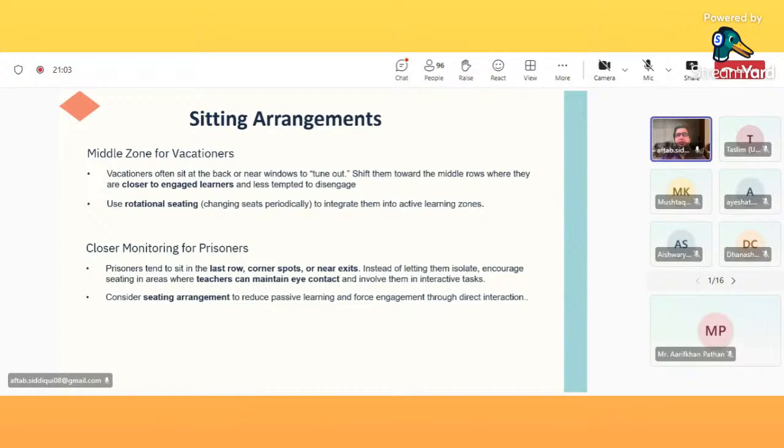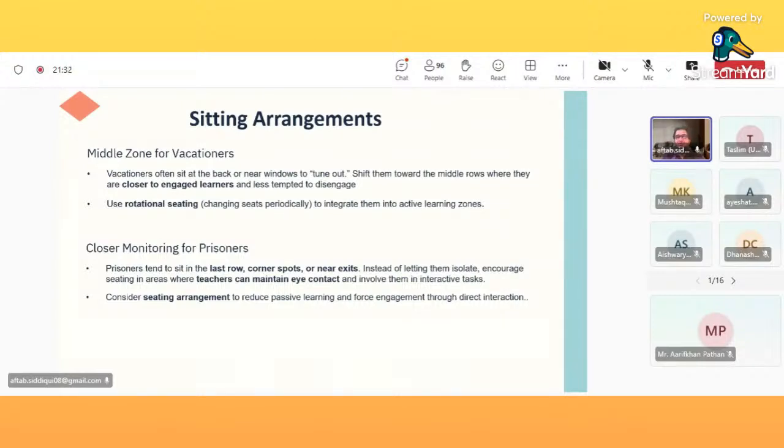You will see the vacationers always sit in the middle, or near the window. You can shift them towards the middle rows and make them sit close to the engaged learners. So this will help them. This physical change will minimize the disengagement.